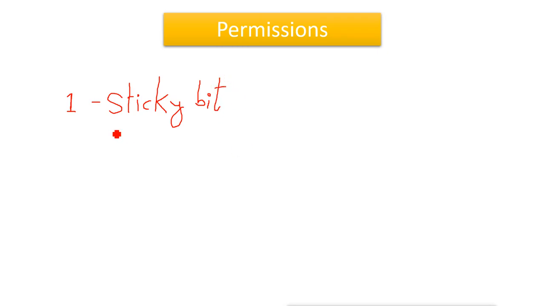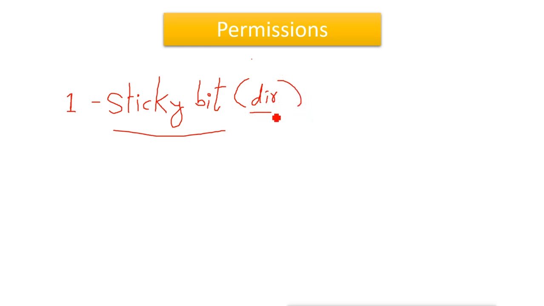This sticky bit is for directories. We can also enable the sticky bit on files, but that is not useful. It is basically for directories. It is useful to enable the sticky bit on a directory.